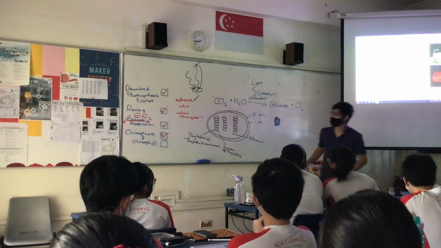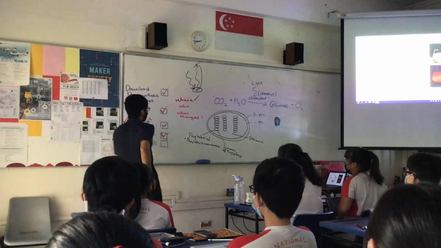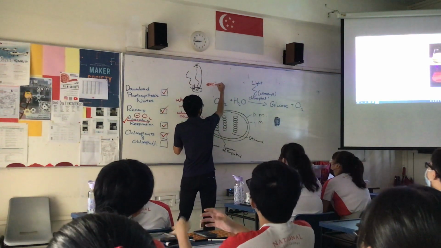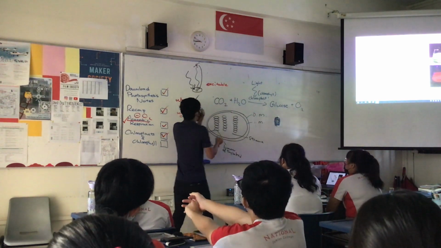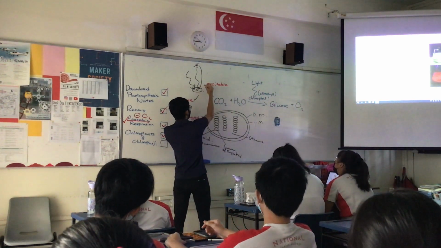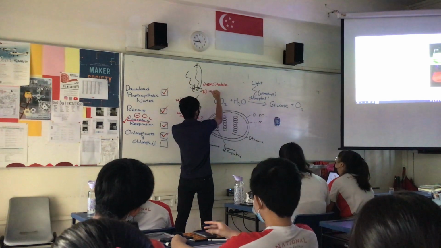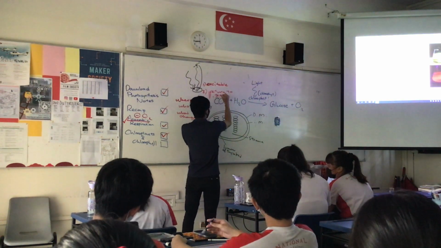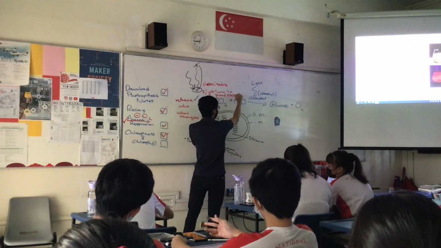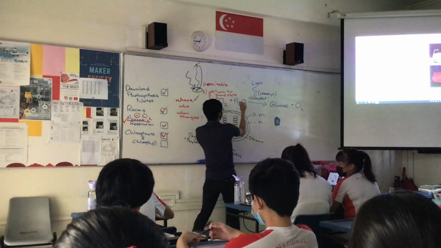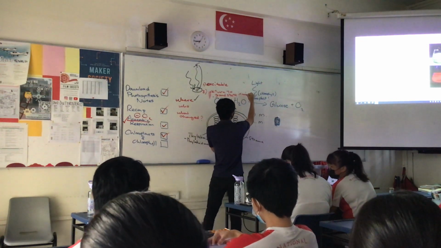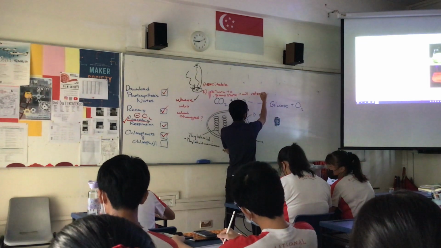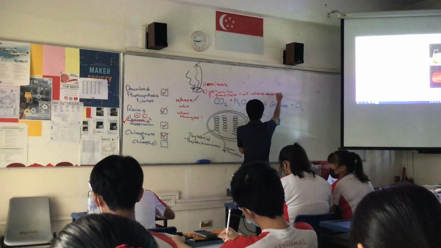So that's our first key idea for today: electrons can be excited. They are excitable. But the second thing is that when they return to ground state, meaning the unexcited state, they will release energy.